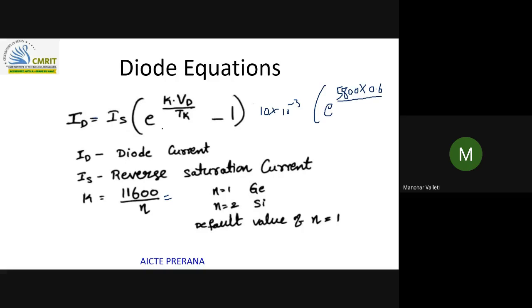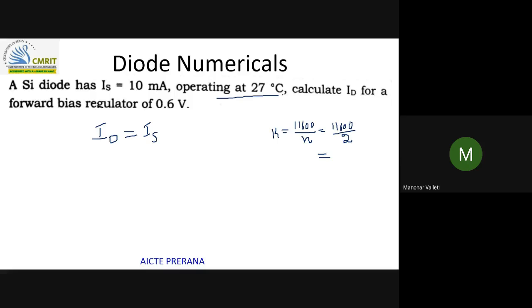T_K is the temperature in Kelvin; it is given in degrees centigrade, so 27 plus 273 will give you the temperature in Kelvin.